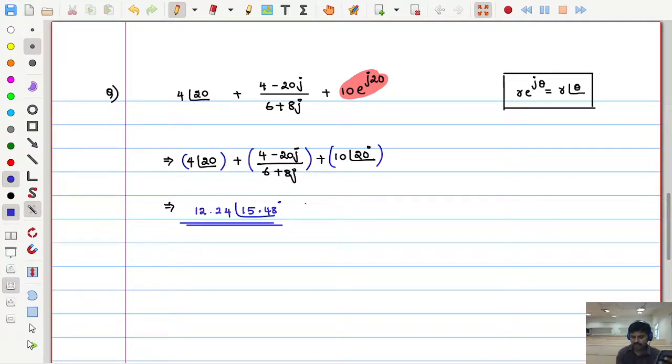If you want the result in rectangular form, you can do the same thing that I told you previously: 11.79 plus 3.268j, or i. So these are complex numbers, and this is how to deal with complex numbers in the calculator.